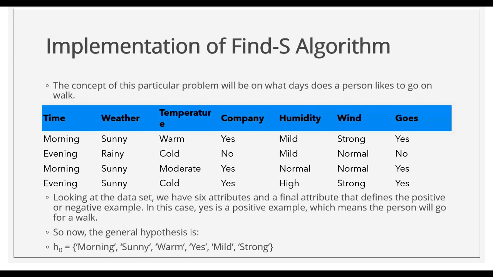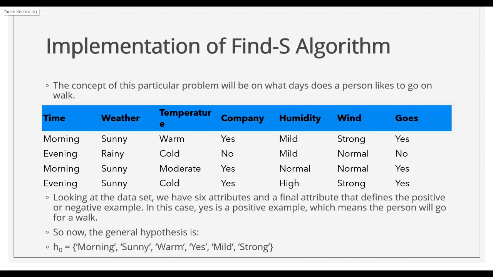At last we have implementation of the Find S algorithm. The concept of this particular problem is on what days does a person like to go on a walk, depending on time, weather, temperature, company, humidity, wind, and goes.